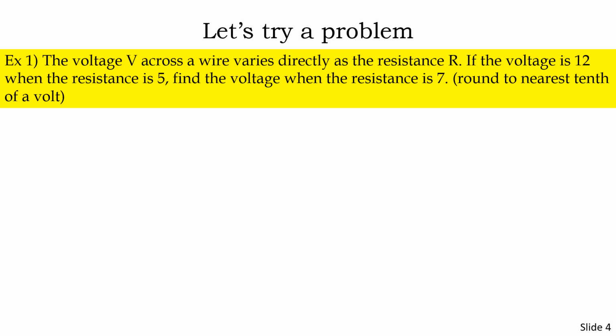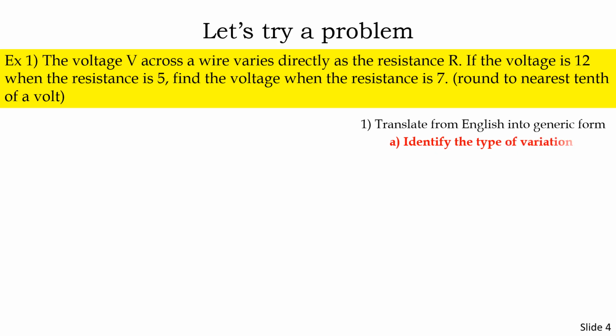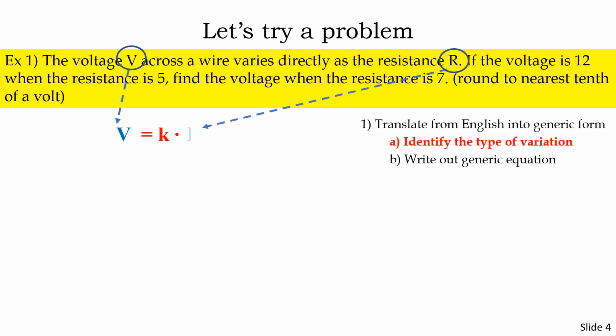Notice I didn't use ohms and watts and volts. We're just looking at the numbers here. So translate from English to generic form. Identify the type. Well, it says varies directly, so it's going to be equals k times. Write out the generic equation. Well, in front of the varies directly is the V, and then after is the resistance, R.